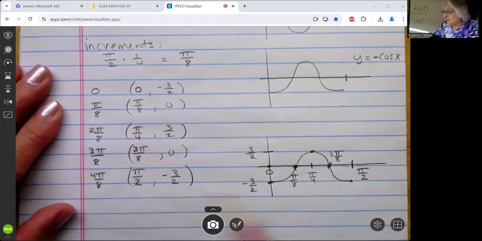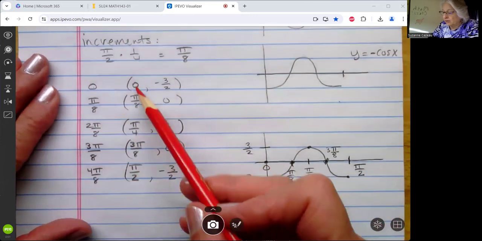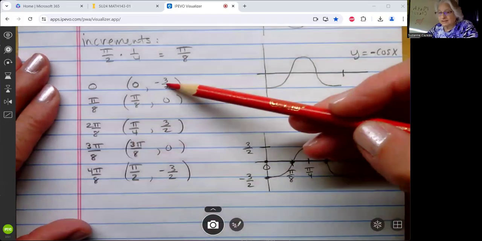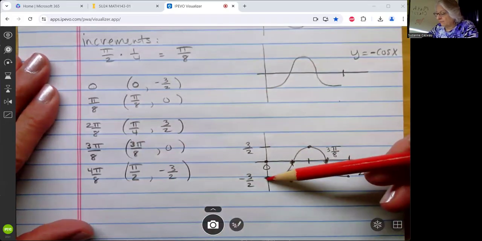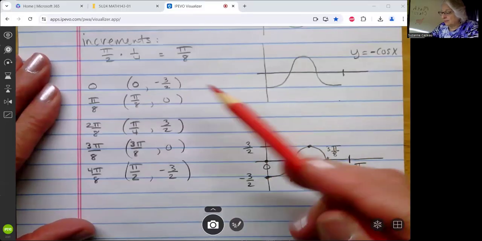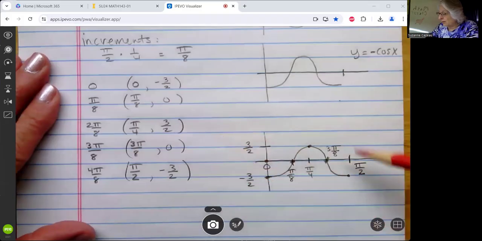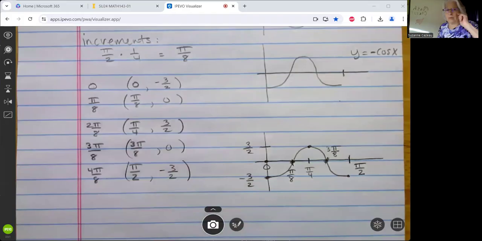So this and this should be the same if you've done it correctly. And then you can just simplify them this way. And then you can look at your graph and see what the y values are doing. So here it's starting at -3/2, and then it comes up to 0, then it goes up to 3/2, and then it comes down to 0, and then back down to -3/2. So those are your quarter points.